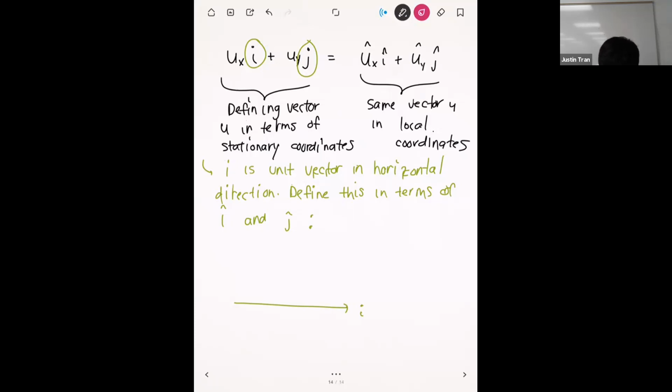And so remember, we're going to assume that our local coordinates are rotated by an amount theta. And so this direction right here that I've drawn in red is in the I hat direction. And then I'm going to draw a line perpendicular to that. And this is going to be in the j hat direction.